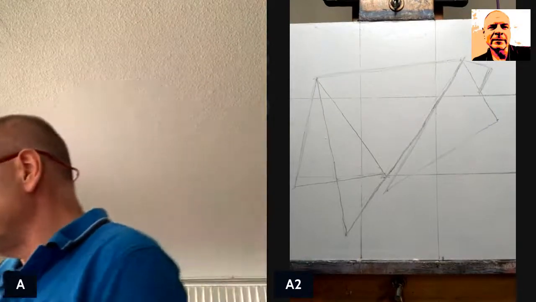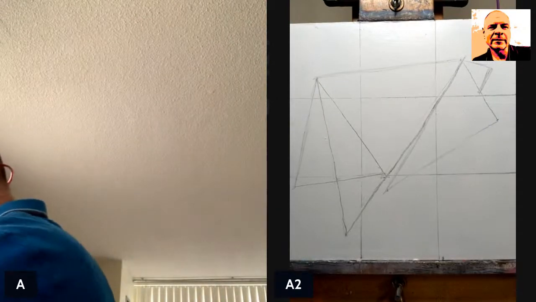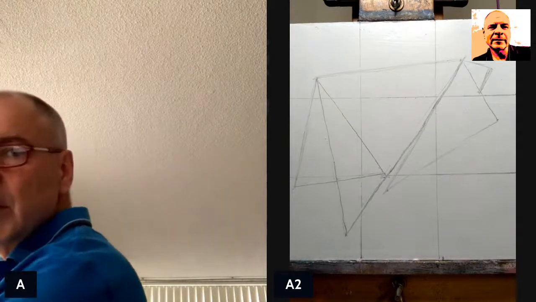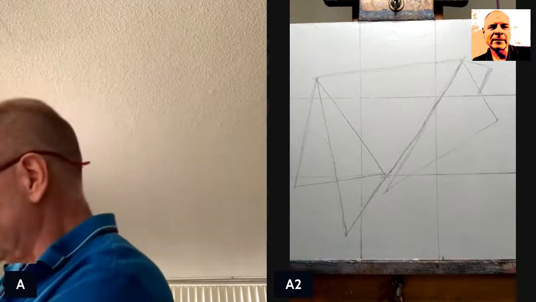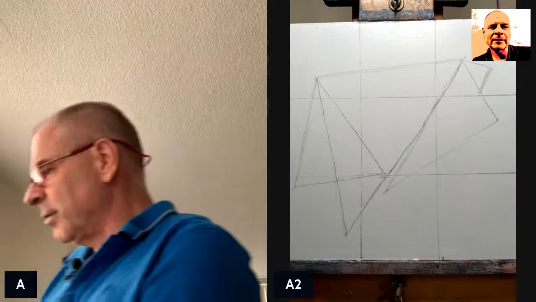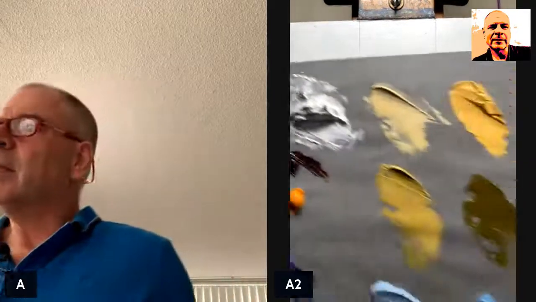I've mixed up some color ahead of time, which I like to do, and that just saves me spending a lot of time mixing color, so while you're watching, you don't go to sleep. This is kind of a sense of the colors that I have here, my palette.